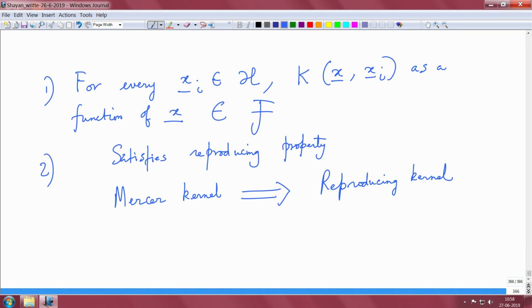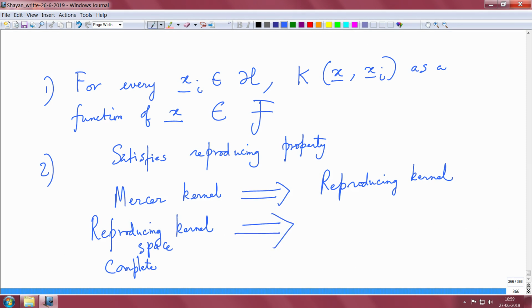Therefore the Mercer kernel is a reproducing kernel, and a reproducing kernel space which is complete implies it is a reproducing kernel Hilbert space, and that is the connection.